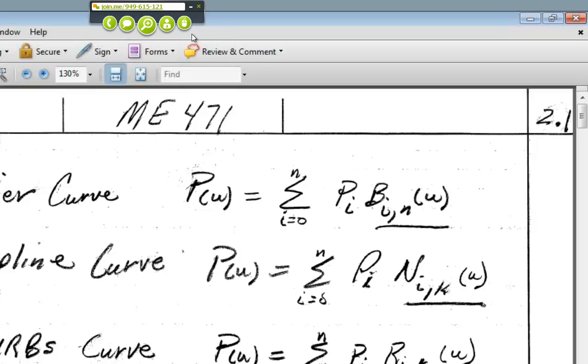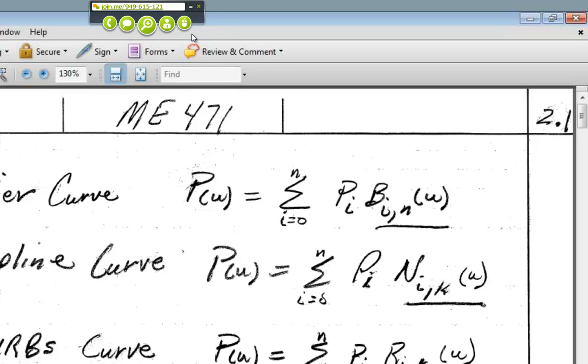On some of these curves, we've learned that the first 2 points and the last 2 points define what? The vector between the first 2 points and the vector between the last 2 points of the control net define the tangency at the beginning or the end of the curve.